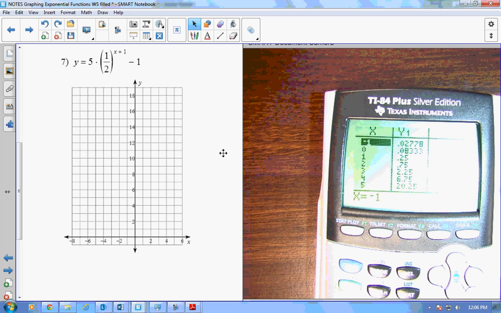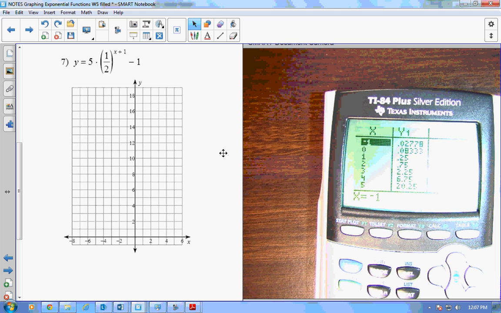Now is the 5 the base or is it the multiplier? In this case, 5 is the multiplier. So the base is actually 1/2. So if we have a little base, is it going to be a growth or a decay?